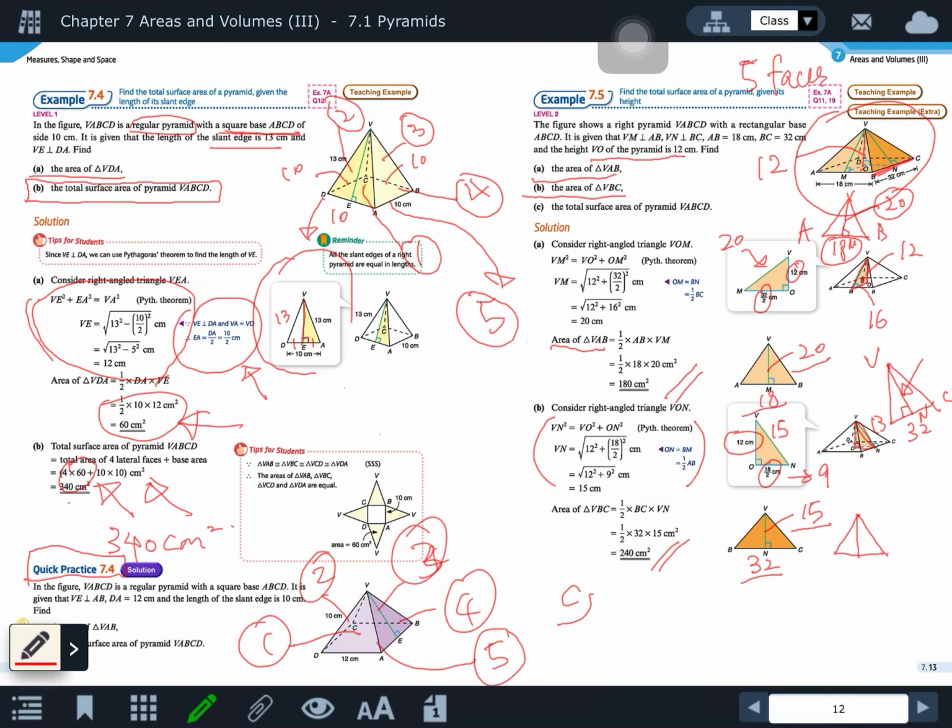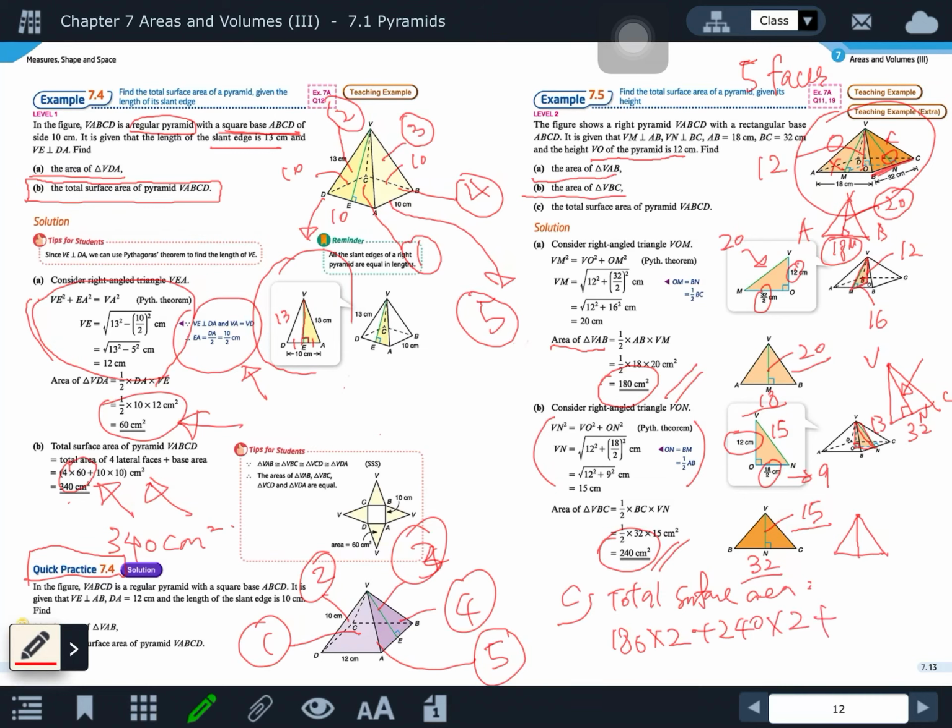Two faces have an area of 180, so we add up the total surface area with 180 times 2, because the front and the back should both be 180. And the left and right sides should have an area of 240, so plus 240 times 2.